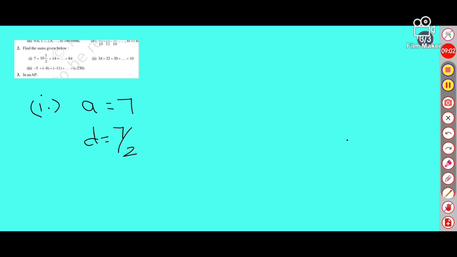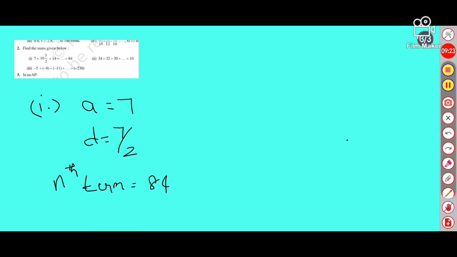Now 84 is the nth term. Sorry, the last term is 84. We don't know the value of n, just that 84 is an nth term. Which term is 84? We don't know.